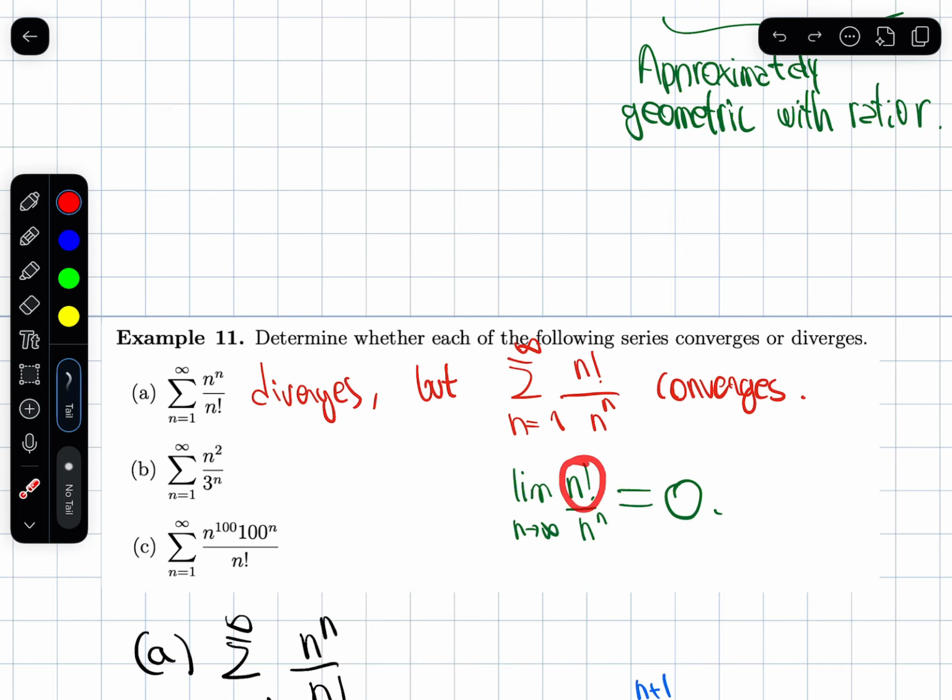It's hard because you have factorials and n to the power n in here, but how can you prove to somebody that this limit actually equals 0? You can just show that this series converges. Just come up with the series out of nowhere. Show that it converges because why not, right? Of course it does, by the ratio test. And then conclude that by the test for divergence, the limit has to equal 0. Because if it didn't equal 0, then your series would diverge.